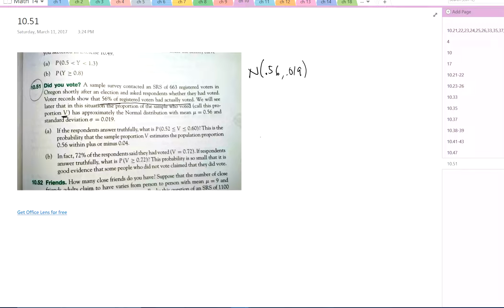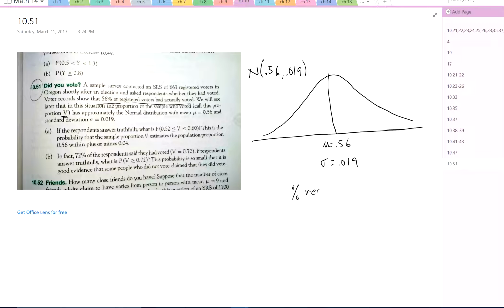Before I even do the problem, I'm going to draw a picture here because it says that it's a normal distribution. Mu is 0.56, sigma is 0.019, and this is the percent of registered voters who actually voted.